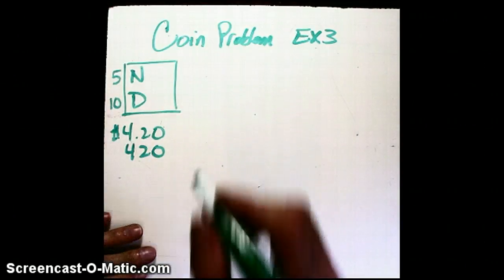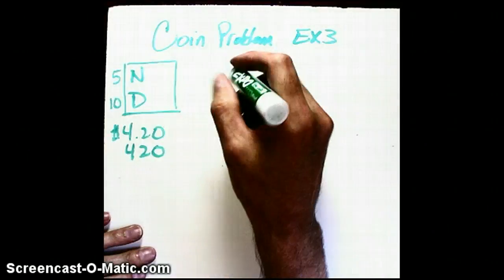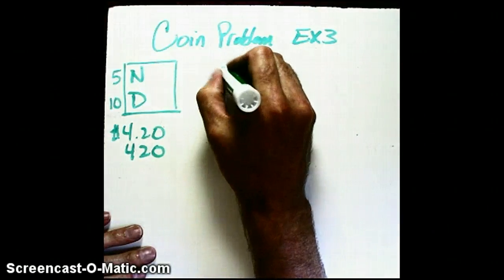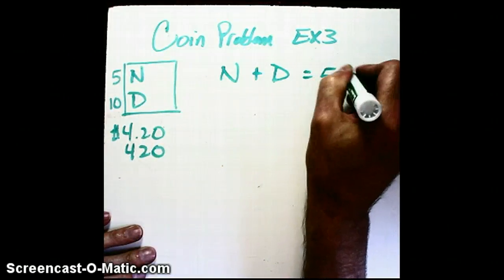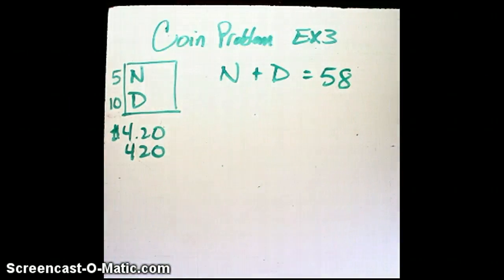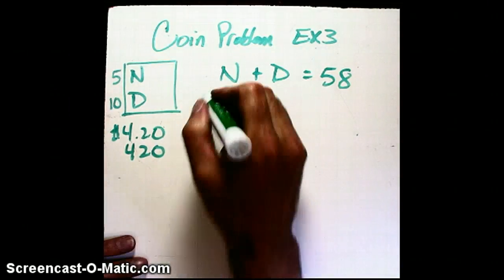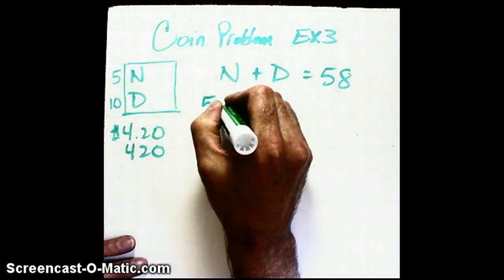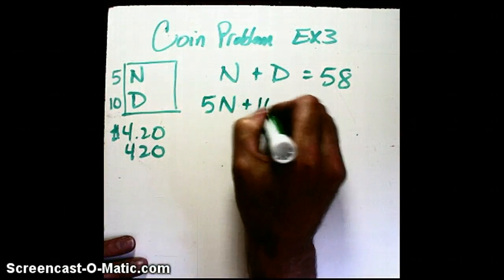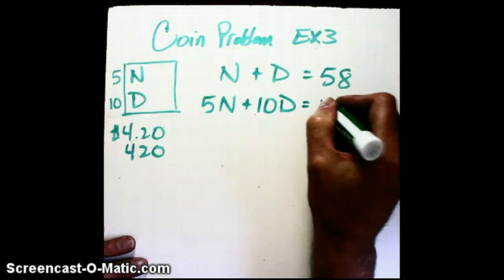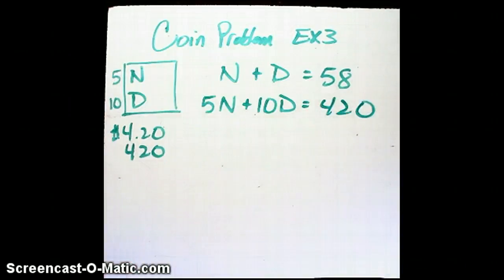All right, so the first one says the total number of coins is 58. So N plus D is equal to 58. Also, it says that the total amount of money is 420. Well, 5 cents times N, which represents the number of nickels, plus 10D is equal to 420.